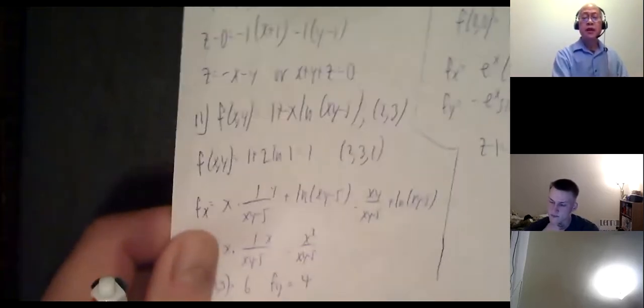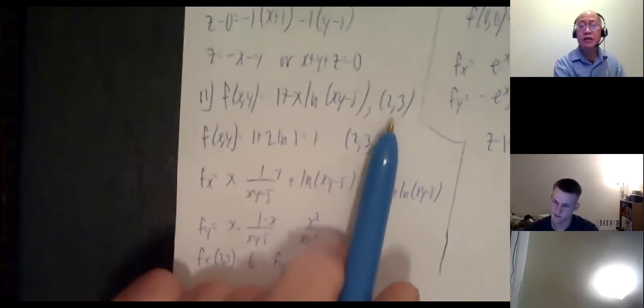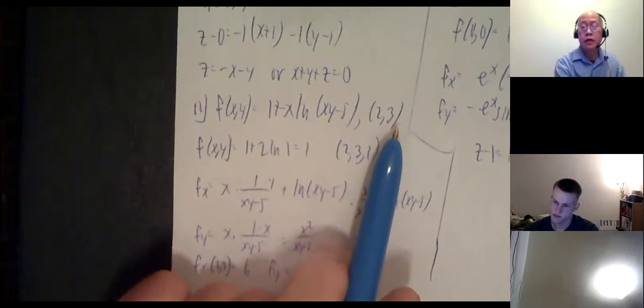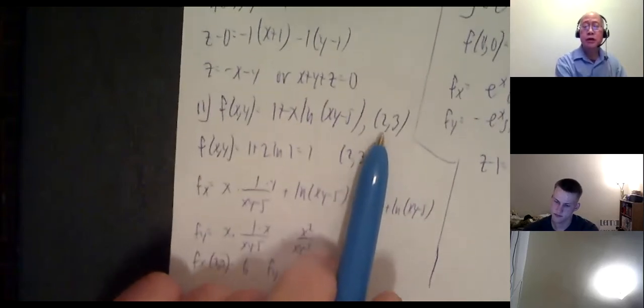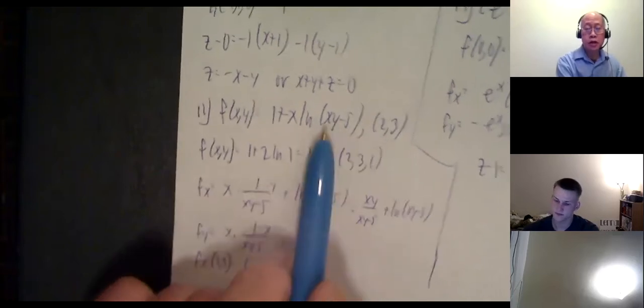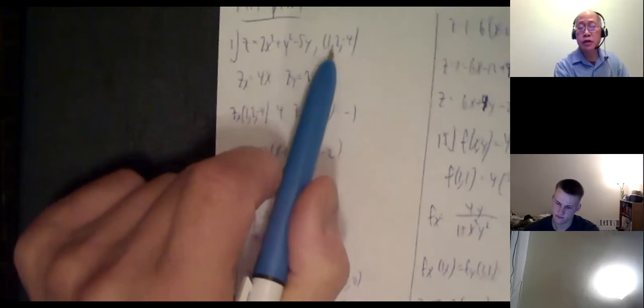Number 11. Now, there's a little bit more work here. They give you 2, 3 as the x, y. They don't give you the z. Can you figure out the z? Sure, just plug it in. Back here, they give you x, y, and z.